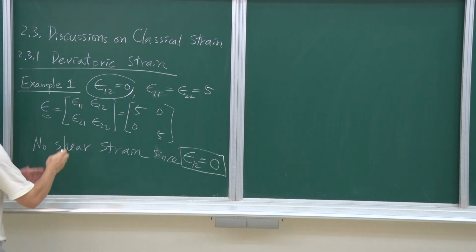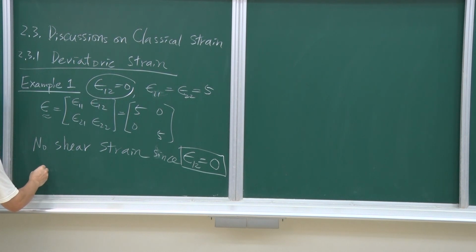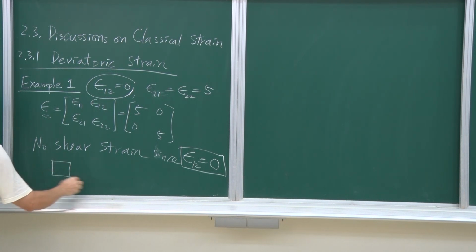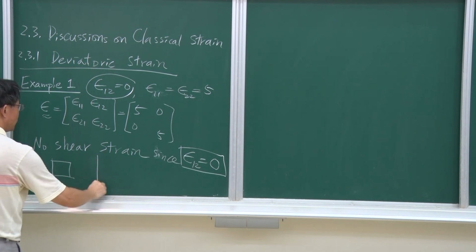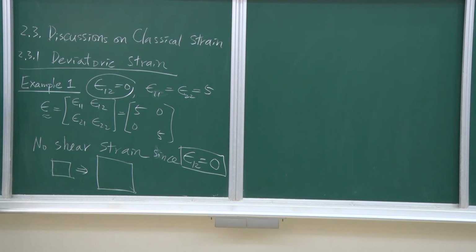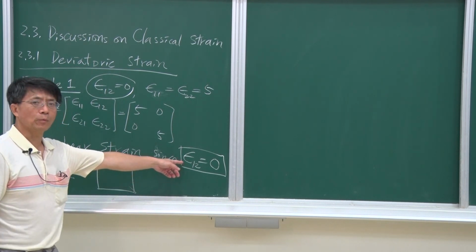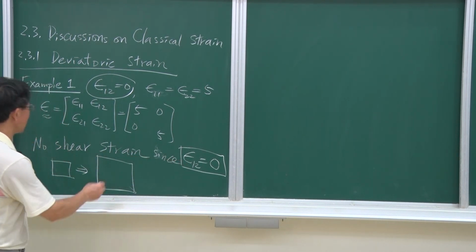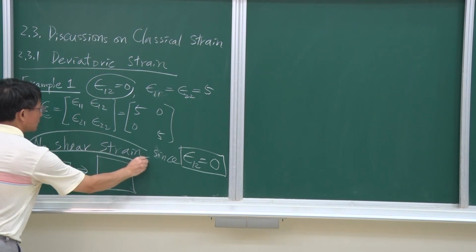Right? And we have some normal strength like this. So the material will be deformed into a larger one, okay? Like this. So this is the deformation. So when epsilon 1,2 equals 0, you say that there's low shear strength.